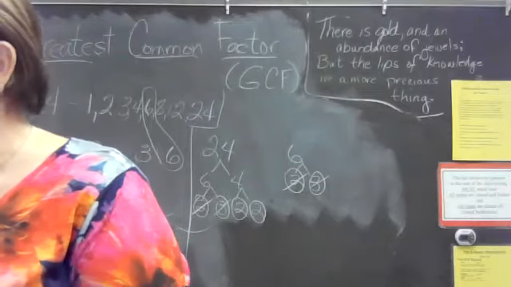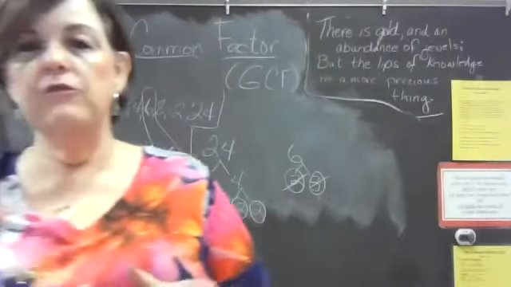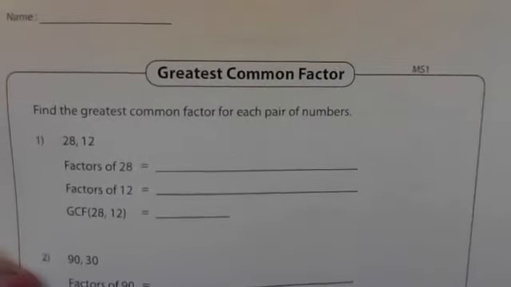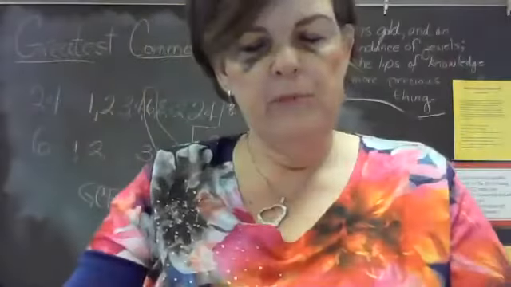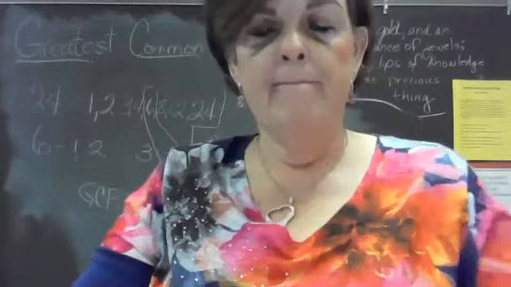Okay, page 2, you're going to be doing exactly the same thing. All they did is give you a little bit bigger numbers. This is page 2. Just a little bit bigger. No big deal. Do it exactly the same way.